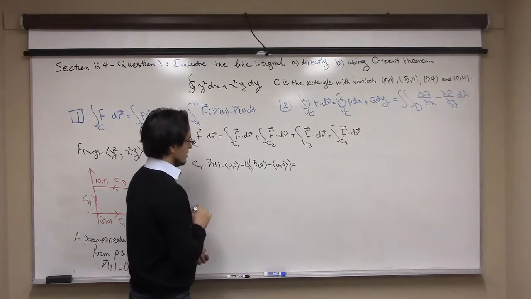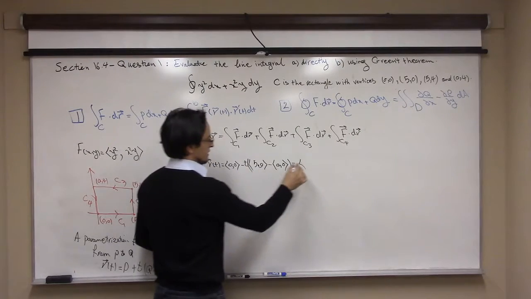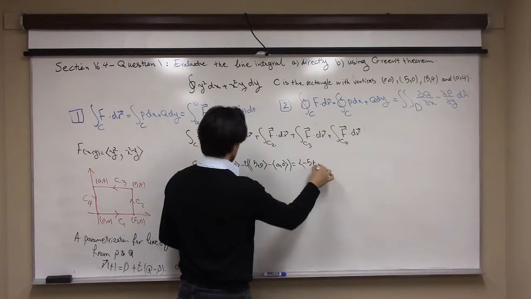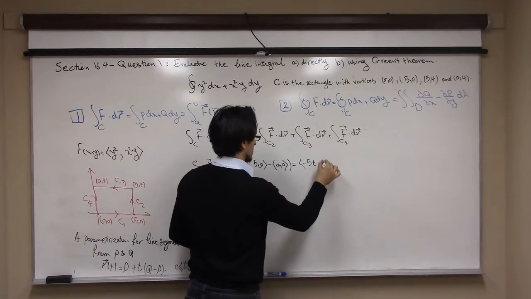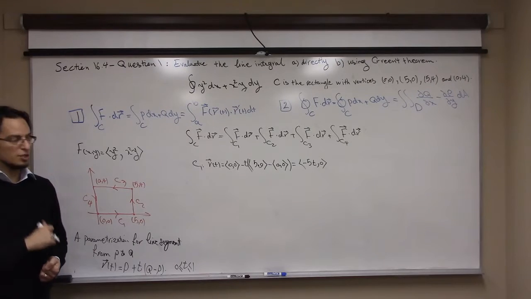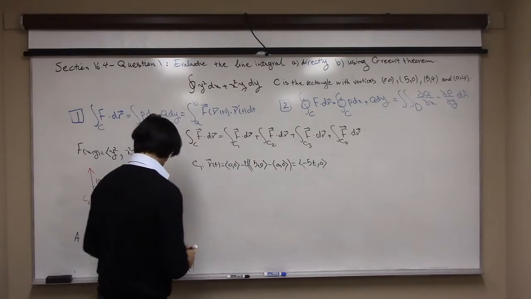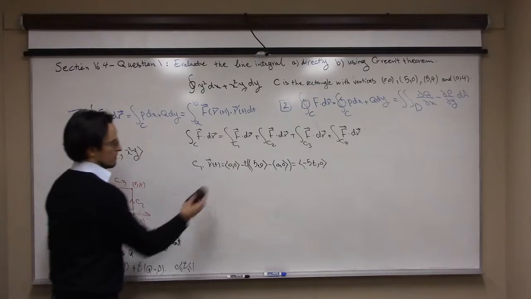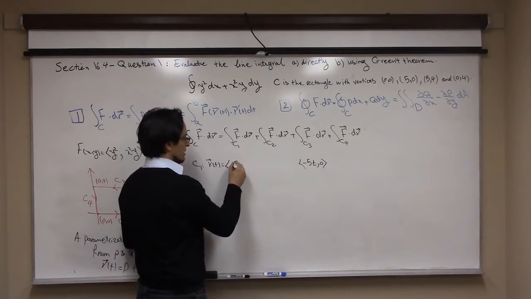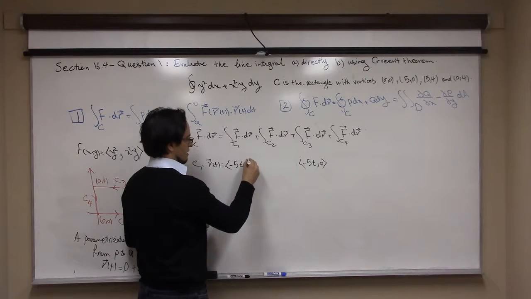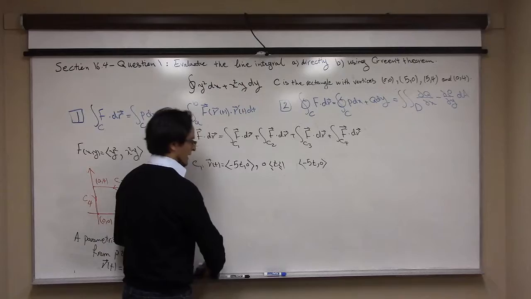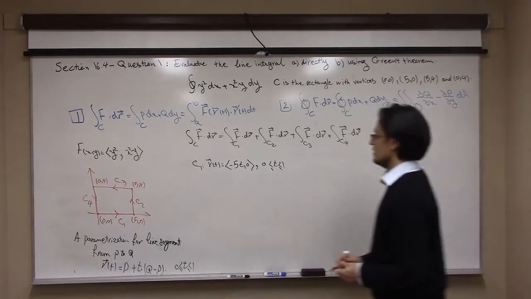This gives me (5t, 0). And again, t goes from 0 to 1. Since I don't have enough space, let me just write the parameterization here, and I know that t goes from 0 to 1. Now I have space for all the integrals.